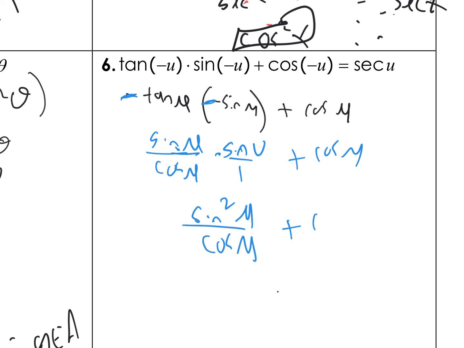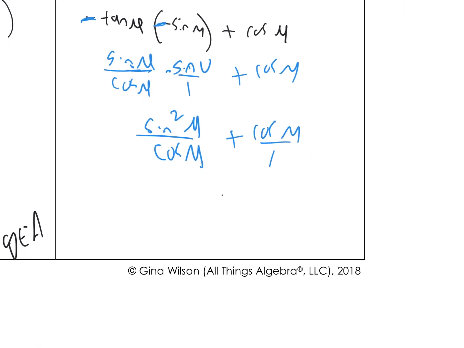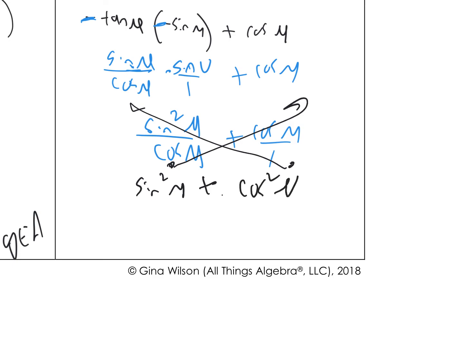Now I'm going to put a cosine of u over a 1. I'm going to leave it like that. I'm going to do my magic fractions. See what happens. 1 times sine squared is sine squared u plus cosine times cosine is cosine squared u, all divided by the denominators. Cosine times 1 is cosine of u.